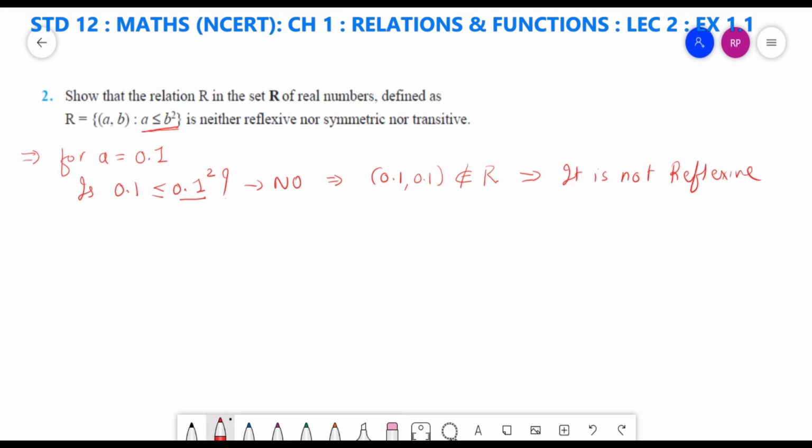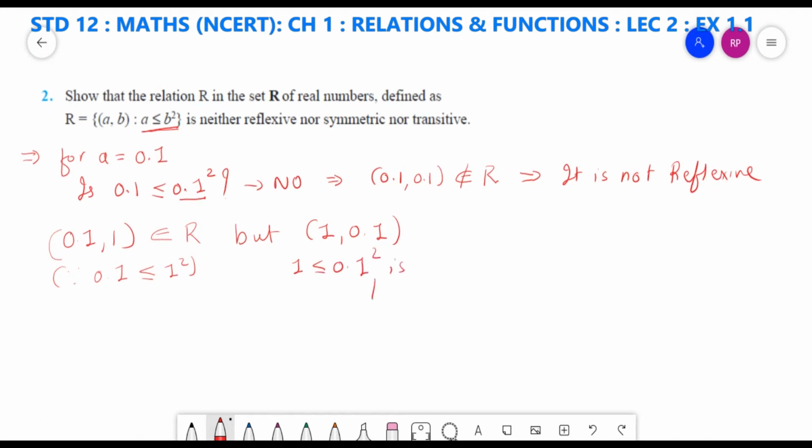So again, we need to find any such example where (a, b) belongs to R but (b, a) does not belong to R. Let's take an example like (0.1, 1). Here 0.1 is less than or equal to 1 square, so this belongs to R. But if I check (1, 0.1), is 1 less than or equal to 0.1 square?